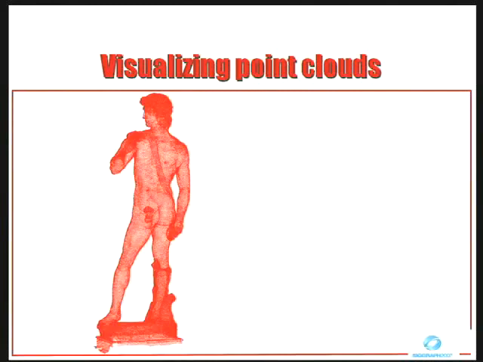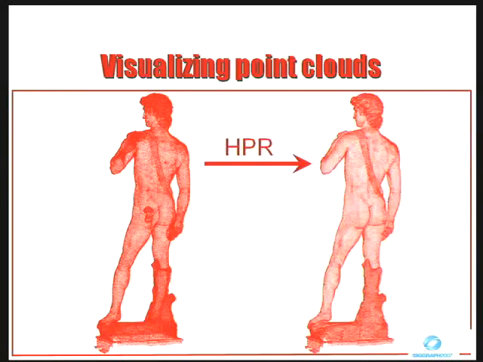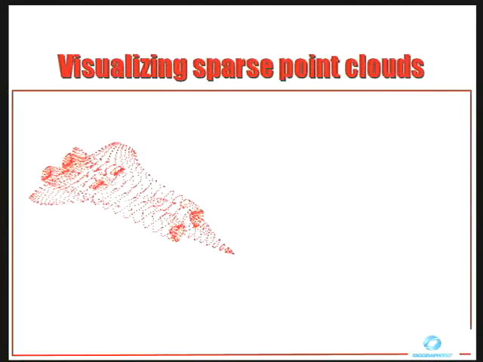This is David again. You see front features and the back features. After applying the operator, this is what we get. And in the paper, there are many more examples. Here's one example that is interesting because it's a very dense sampling of a jet fighter.